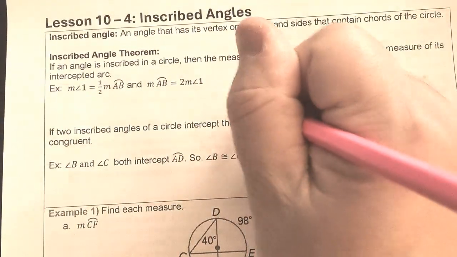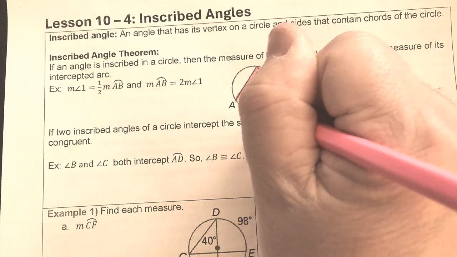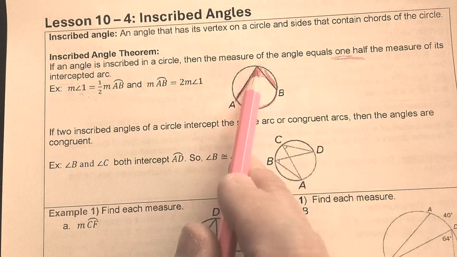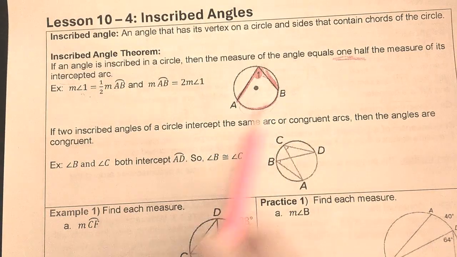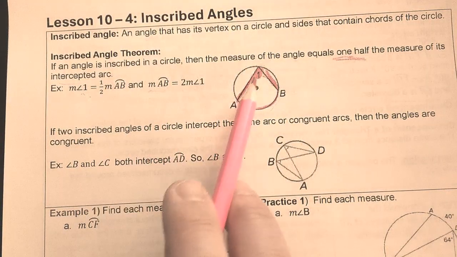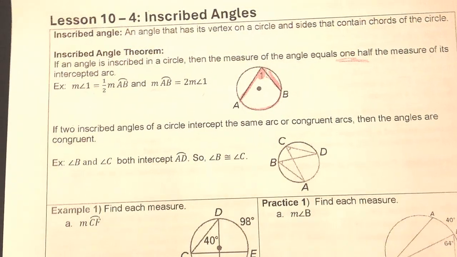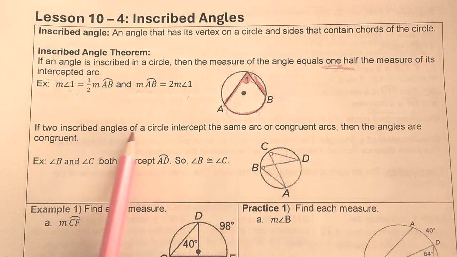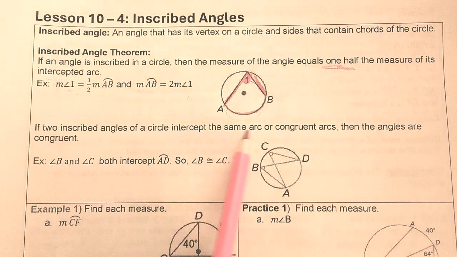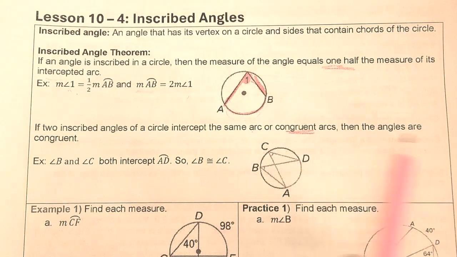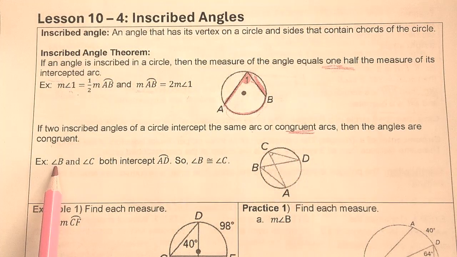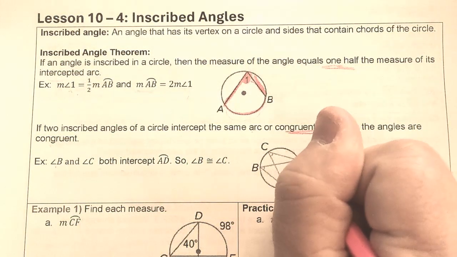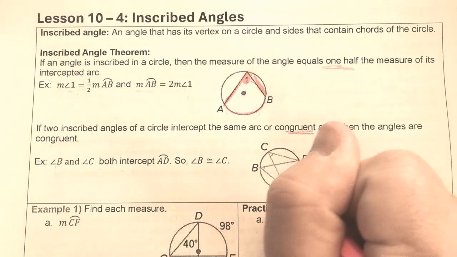So this angle intercepts this arc. For example, angle 1 is 1/2 the measure of arc AB, or the measure of arc AB is 2 times the angle. If 2 inscribed angles of a circle intercept the same arc or congruent arcs, then the angles are congruent. For angles B and C, they both intercept arc AD. I'm going to make this pink here.